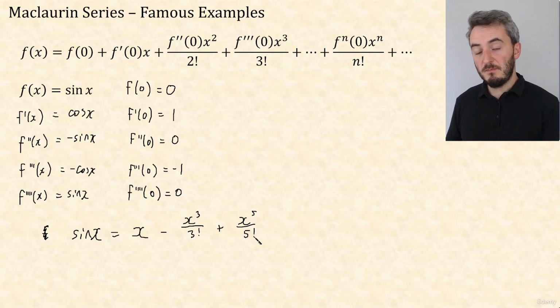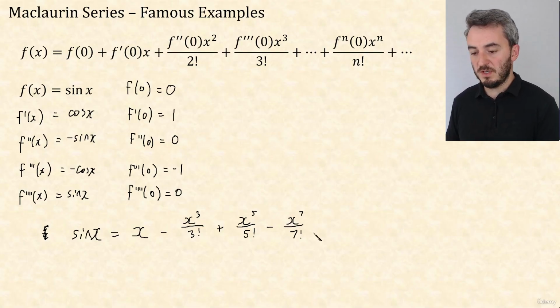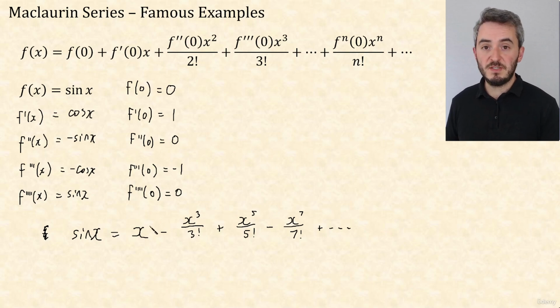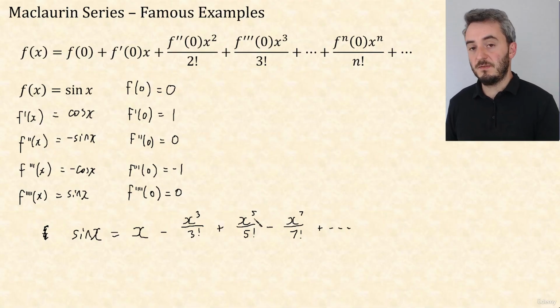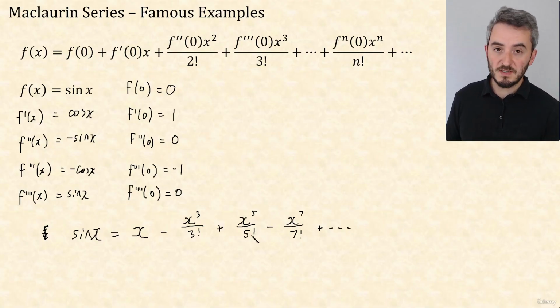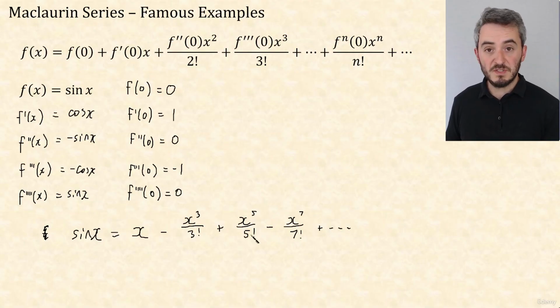The seventh would be minus 1, giving us minus x to the 7 over 7 factorial. And we get this beautiful pattern here where the polynomial expansion of sine x is we just work through the odd powers of x, alternating positive negative. So positive x minus x cubed over 3 factorial plus x to the 5 over 5 factorial minus x to the 7 over 7 factorial, and so on.